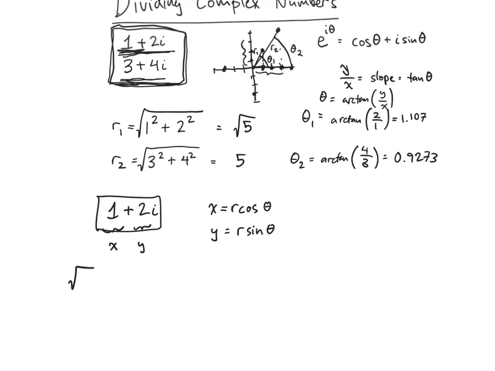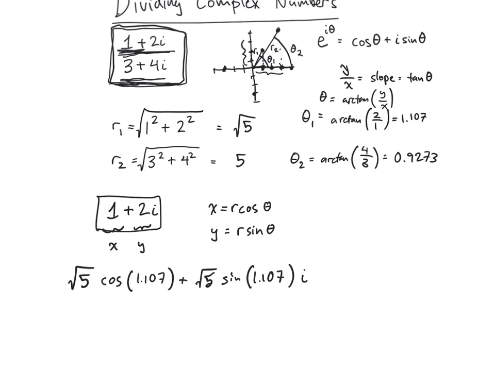So I get the square root of 5 cos 1.107 plus the square root of 5 sine 1.107, like that. Oh, and I'm forgetting my i right there.